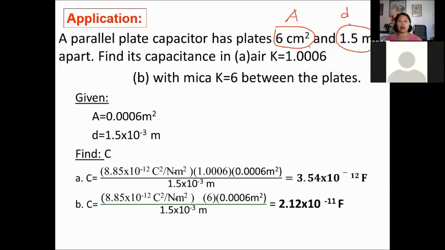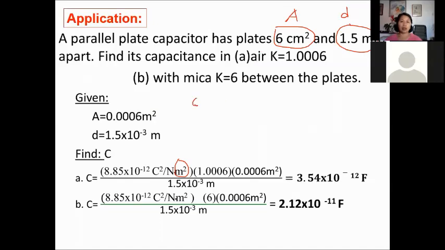Now, it is very important to convert mm and cm squared to m and m squared. So why? Because in our constant, we have m squared. So dapat naka meters, no? Okay. So let us see conversion ng 6 cm.